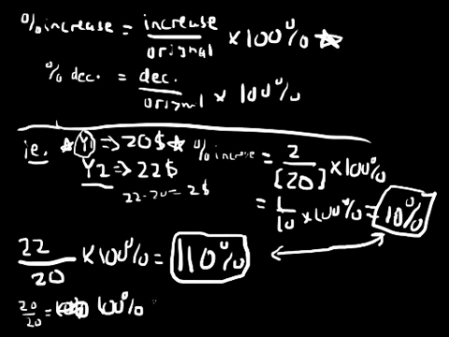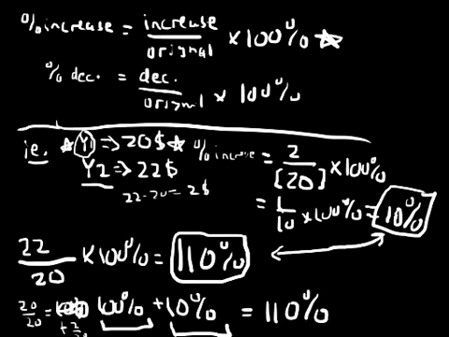But I got an increase, so you add the 2 over 20. That's just 10%. So this is what I was making, plus how much I increased by. I get 110%. So it's a quick way of checking if you got it right.